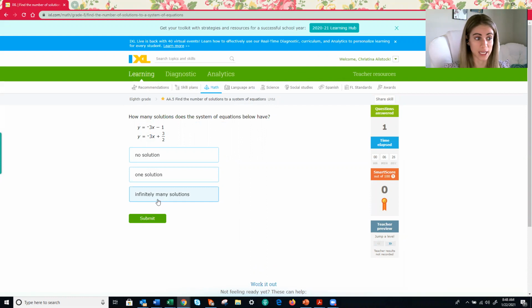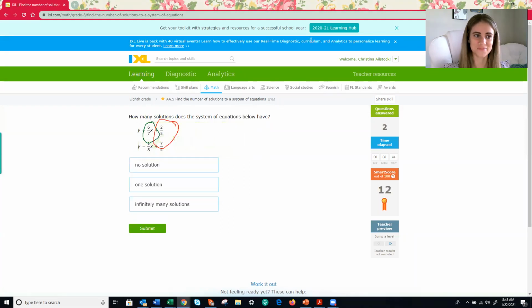They're the exact same line. All right, I notice the slopes are the same. And the y-intercepts are different. Same slope means no solution.